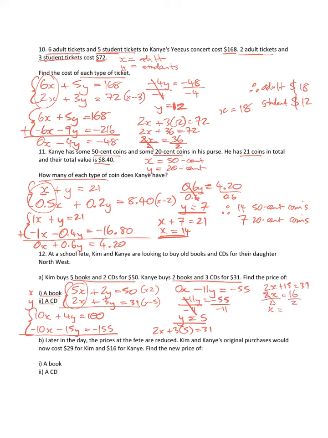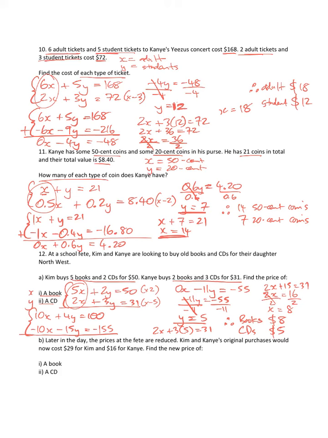X is going to be 16 divided by 2 is 8. Therefore, find the price of books. Books are $8 because that's what X was. CDs are, Y is $5.